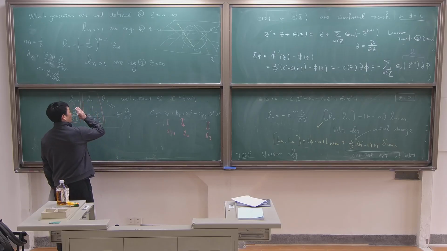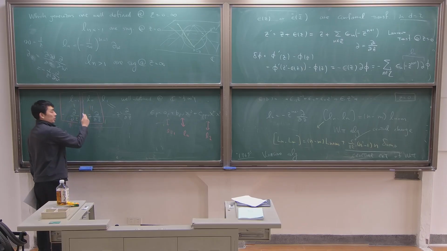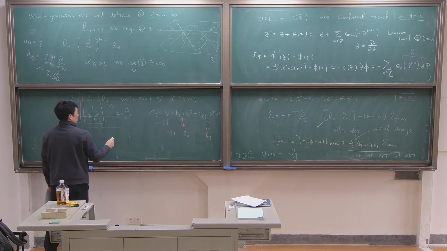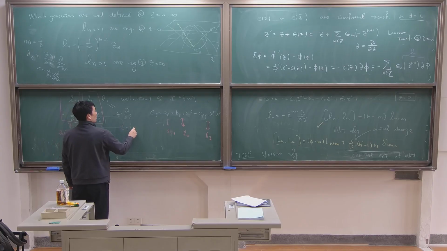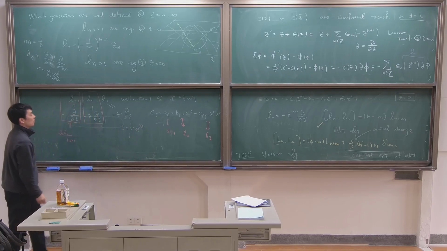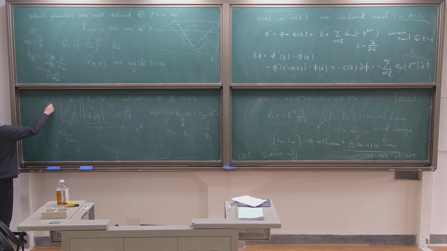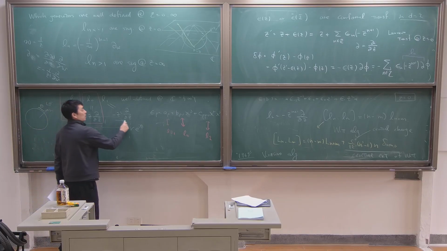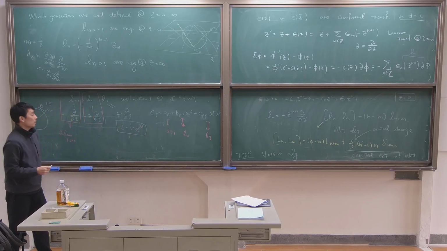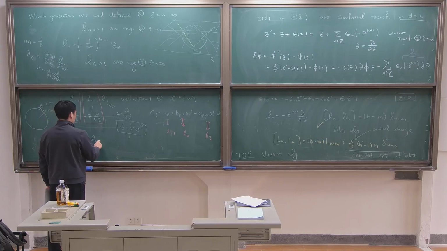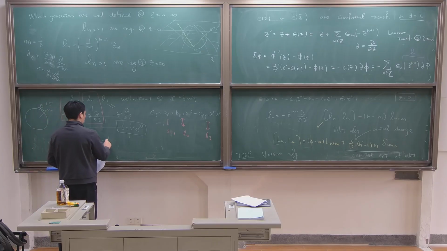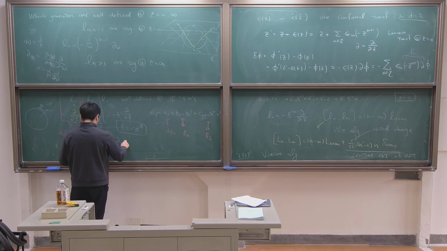To see that, we would expect a similar thing to happen here. You just rewrite z equal to r times e to the i theta, using polar coordinates. There's a complex plane C, and there's the r direction and the theta direction. In that case, L_0 is just one half r del r plus i over 2 del theta.